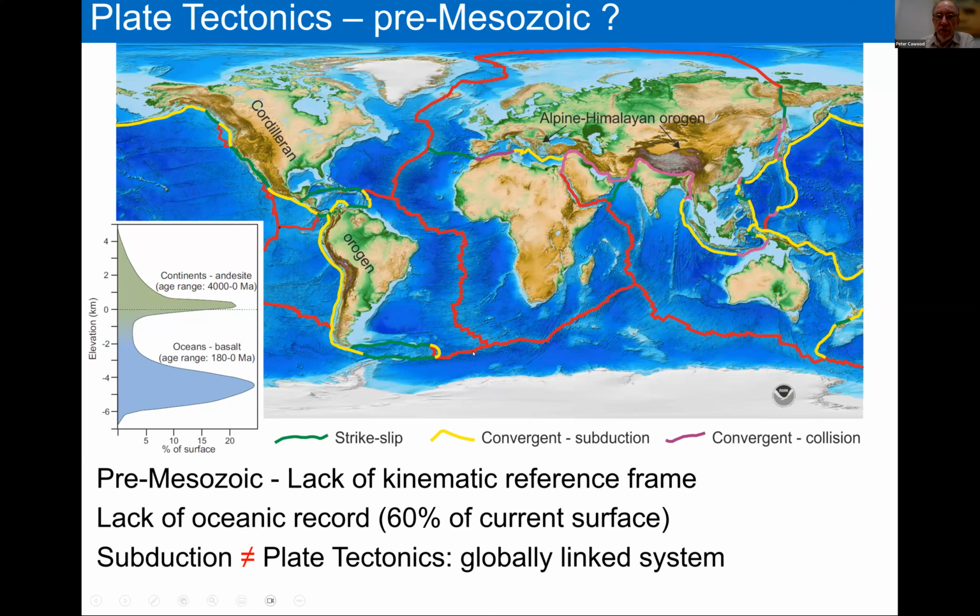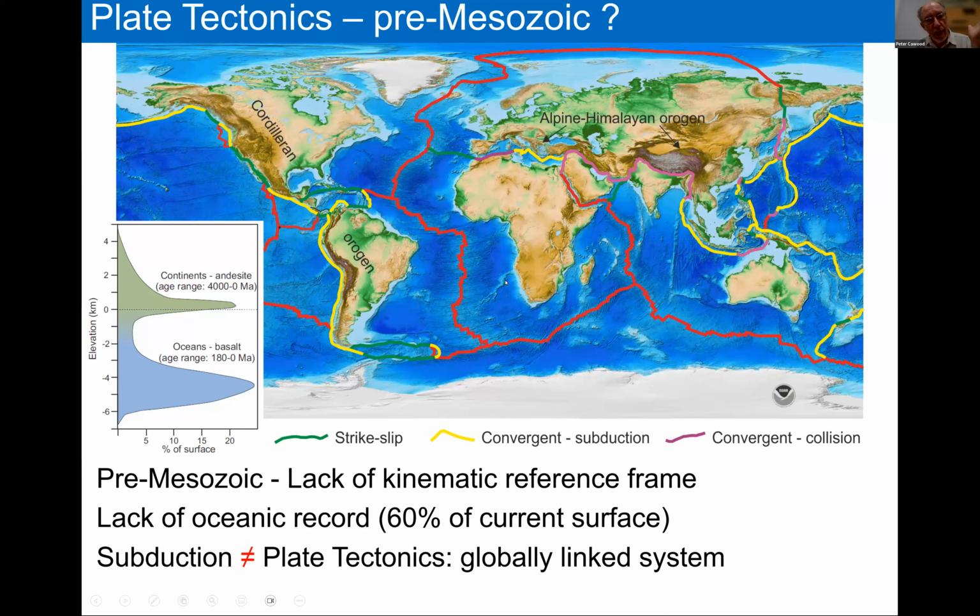And prior to the Mesozoic, prior to 200 million years, we have no modern-day oceanic lithosphere preserved. So we've lost 60% of our reference frame, from the current surface, as we go backwards in time. So that's part of the problem in terms of establishing when plate tectonics started. We've lost that reference frame.